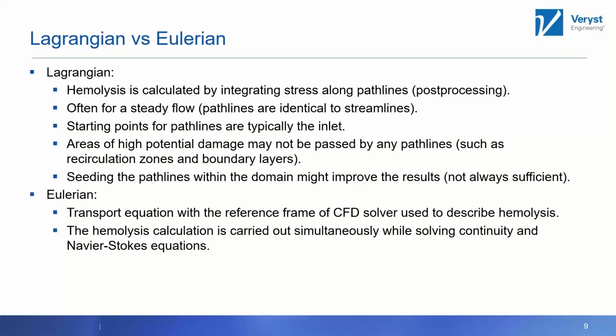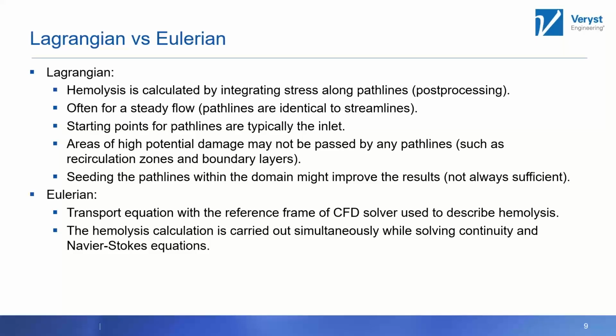But the disadvantage of the Lagrangian approach is that usually path lines start from the inlet, and there is a high chance that these path lines don't go to areas that have higher potential for blood damage. These areas include recirculation zones or next to the wall, where the blood will experience high shears.